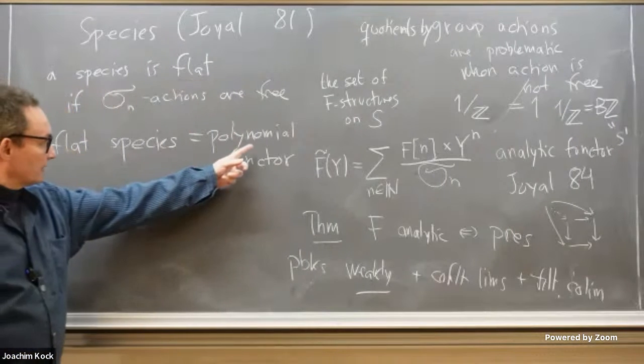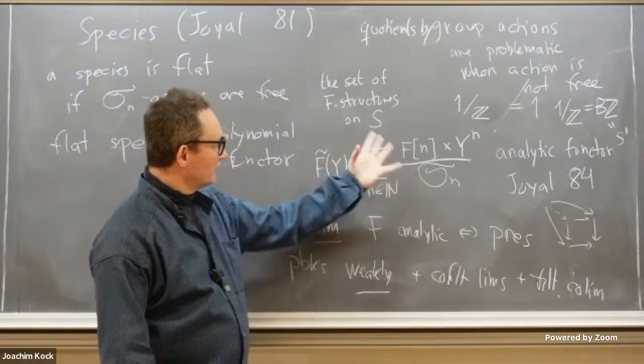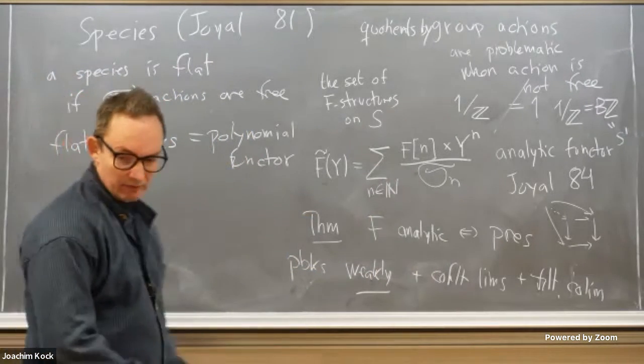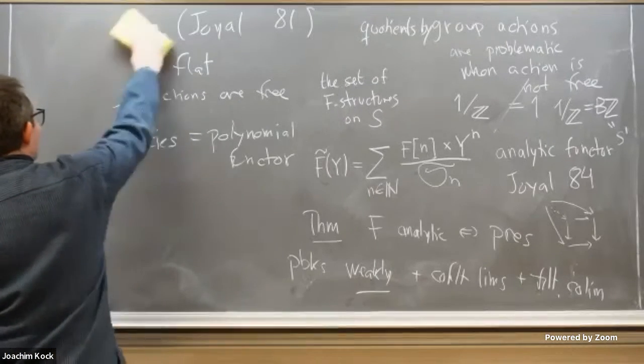Okay, but now there's a discrepancy between polynomial functor and analytic functor. It looks like it's something that ought to be the same. And the fix is to go to a homotopical context.